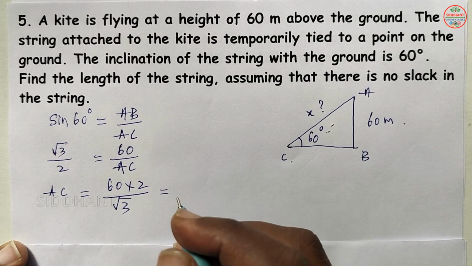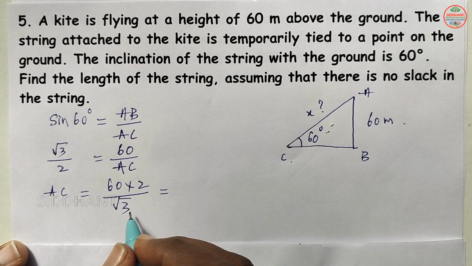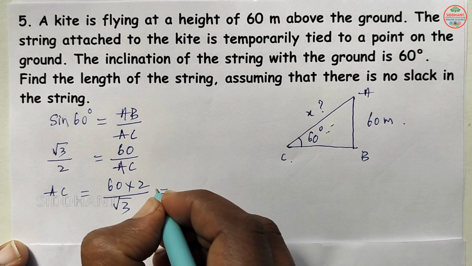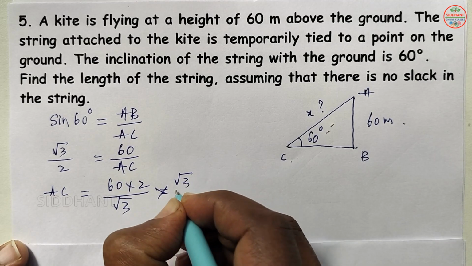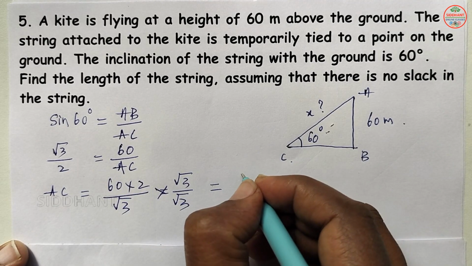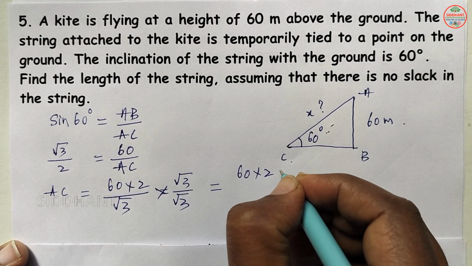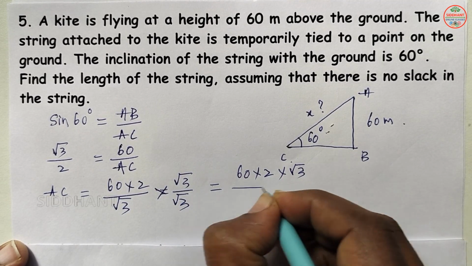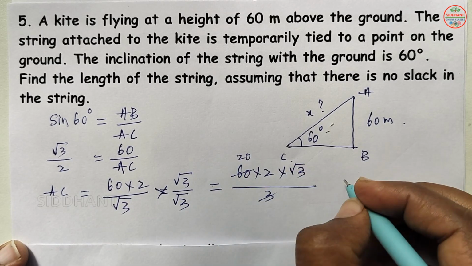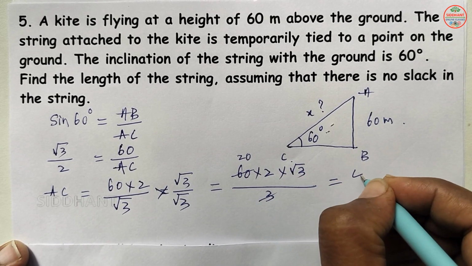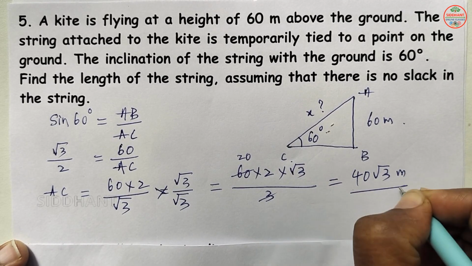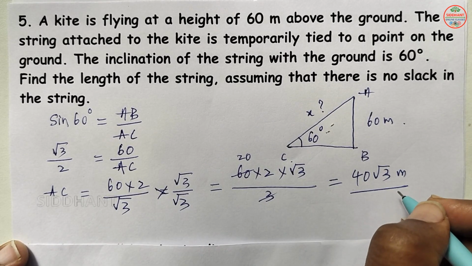We multiply root 3 in numerator and denominator in order to remove the square root, so into root 3 by root 3. So here we get 60 into 2 into root 3 by 3. Here 3 into 20 is 60. So 20 into 2, we get 40 root 3 meters. So this is the length of the string.